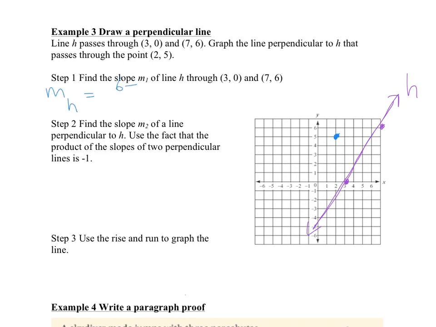So 6 minus 0 over 7 minus 3 is 6/4. And we always use the most reduced form, 3/2.